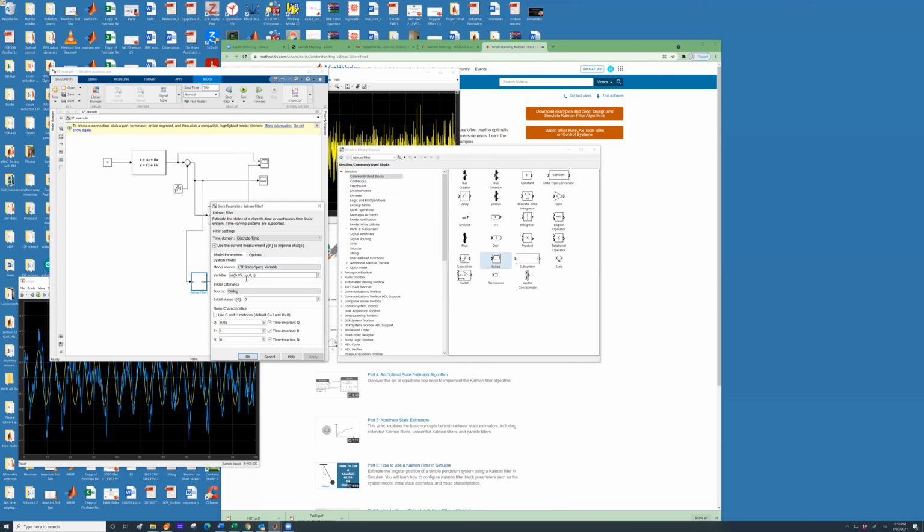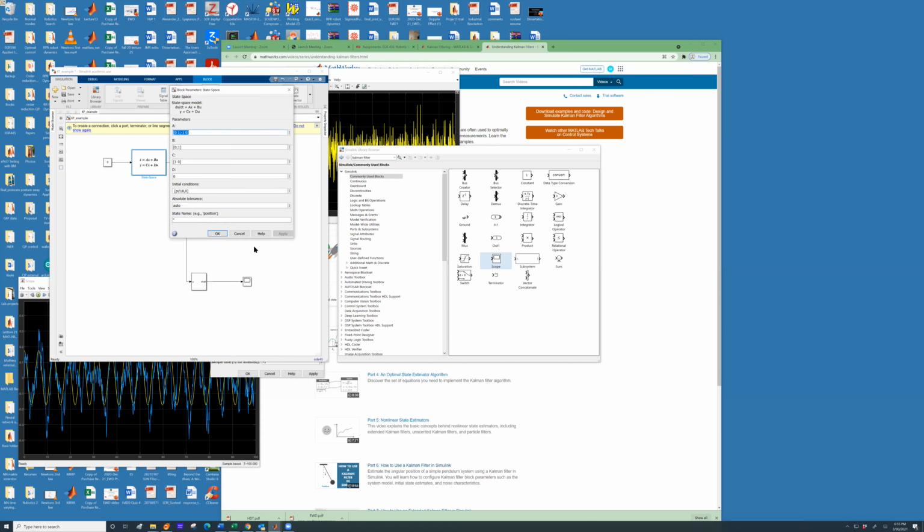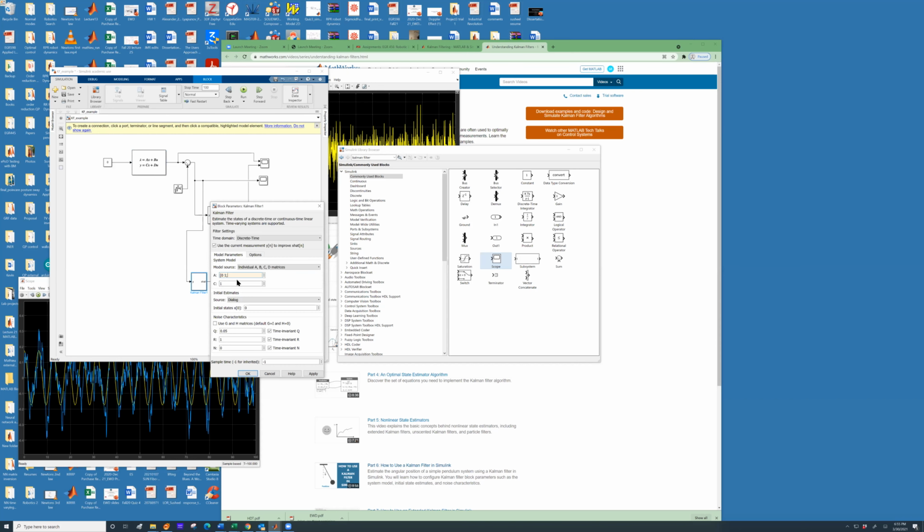The Kalman filter needs you to specify the system dynamics. How would you specify the system dynamics? You will specify them with individual A, B, and C matrices. Our A matrix is 0, 1, -1, 0.